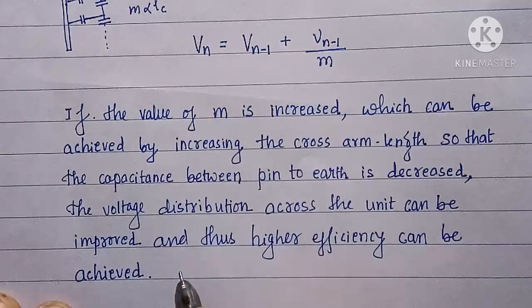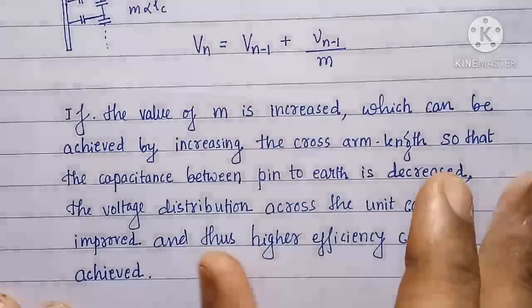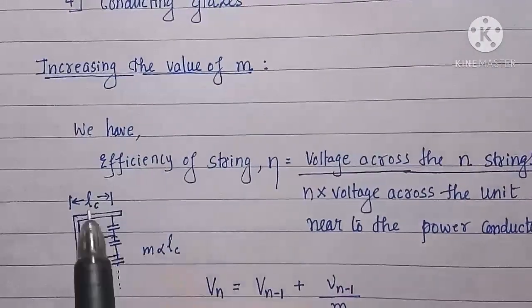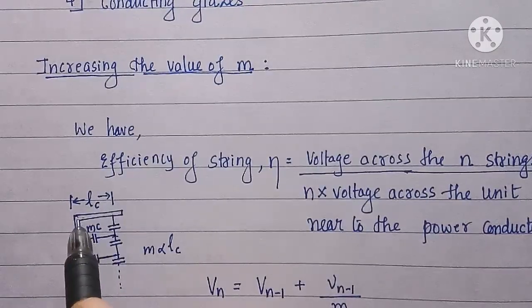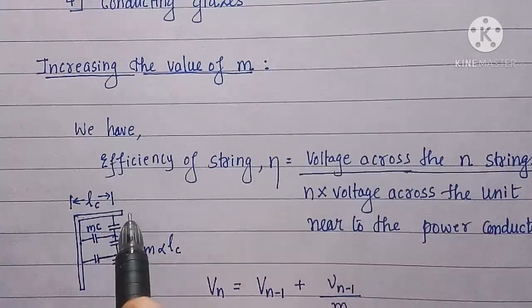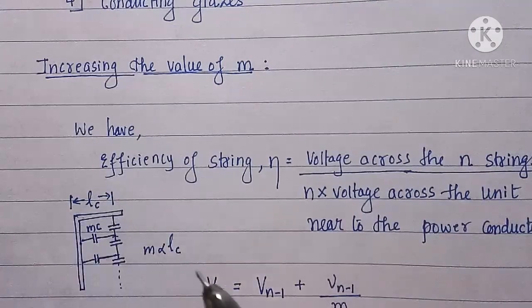But to what extent I can increase the value of m is a question, because increasing the value of m means increasing the length of cross arm, as we have seen here. If I go on making it longer and longer, then the cost of the iron used here will increase.